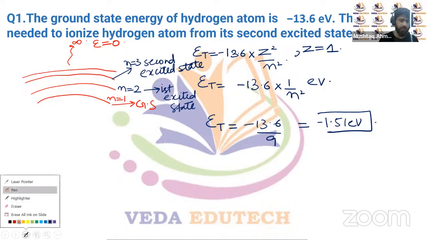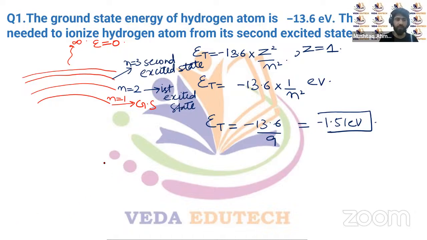If this much is the energy of the electron in the second excited state, it means that we have to supply this much energy to the electron so that it will make a transition from the second excited state to infinity, right?